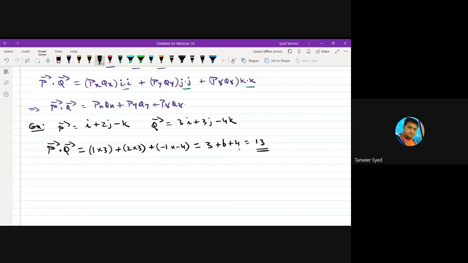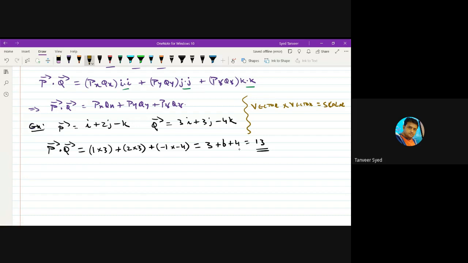Remember, the thing that we are talking about is scalar product. Fundamentally, what is scalar product? If you multiply two vectors, you get a scalar quantity. Vector into vector equal to scalar. This is what scalar product says.